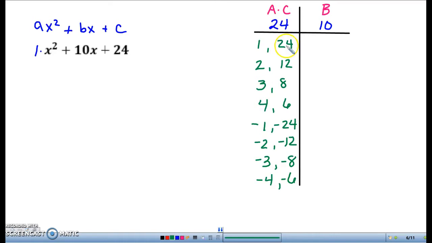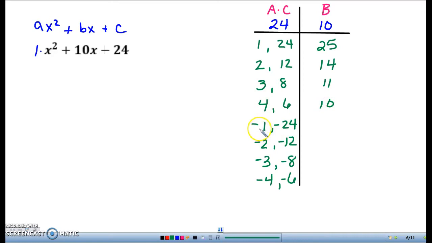Now that we have all the factors, we're going to add the two numbers together. 1 plus 24 is 25. 2 plus 12 is 14. 3 plus 8 is 11. 4 plus 6 is 10.